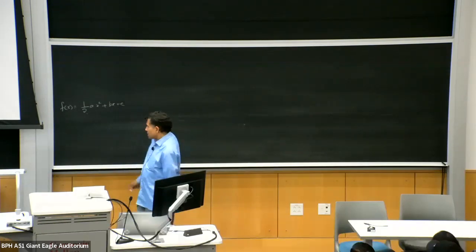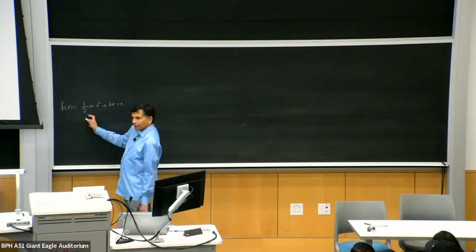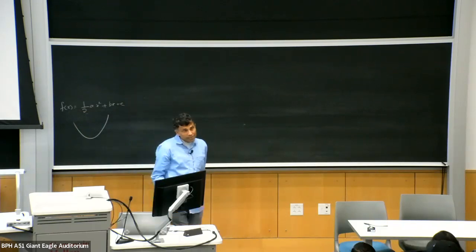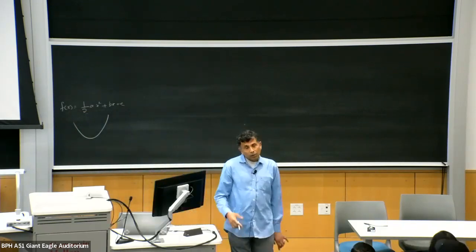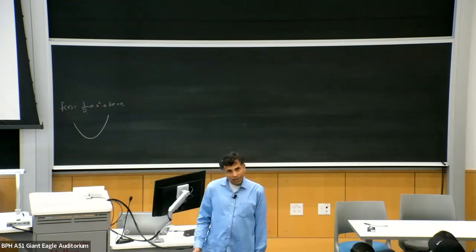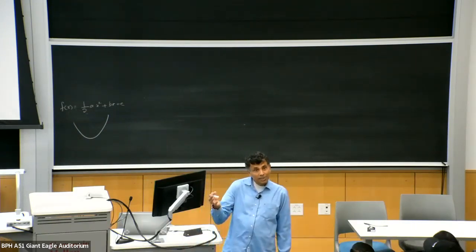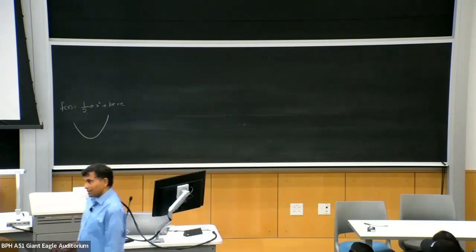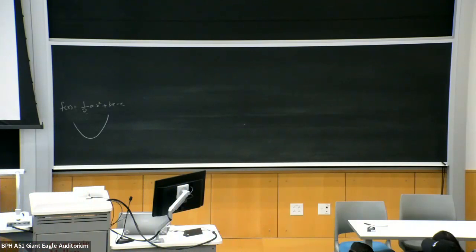A. Okay, if A is positive, what's it going to look like? If A is positive, it's going to be upwards, right? Everyone with me? If A is negative, downwards. So if I want a minimum, A must be positive, right? The second derivative must be positive for a minimum to exist. A is the second derivative, right? So now we know how to solve for the minimum of a quadratic.